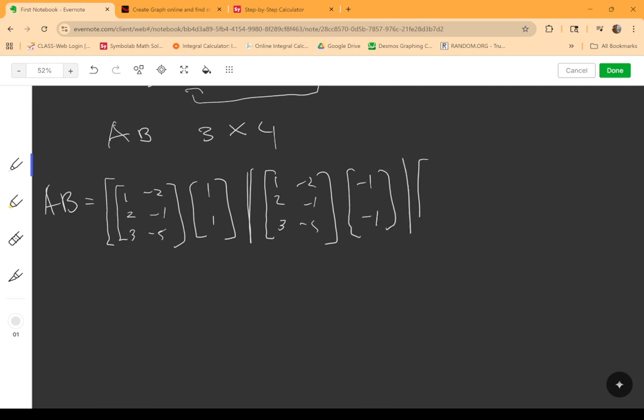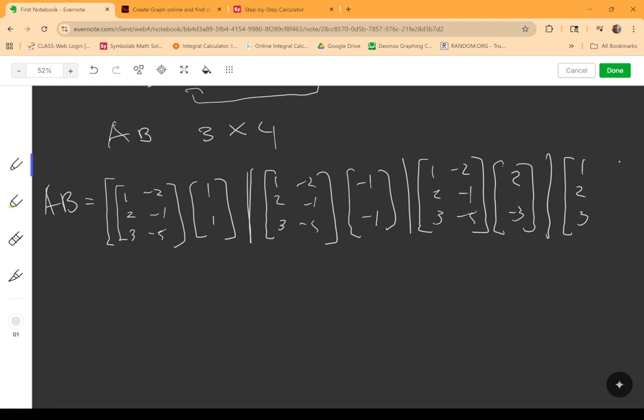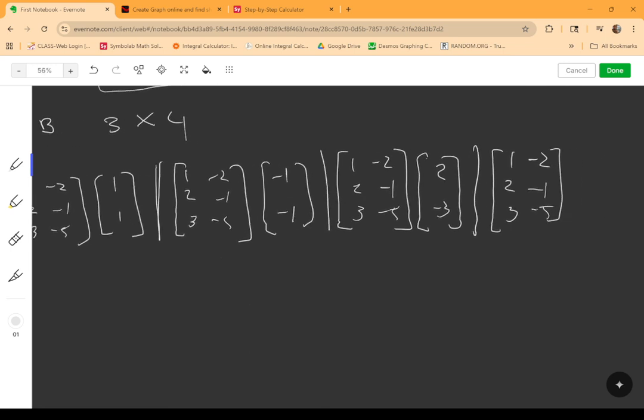Then moving along, you get A again, times 2, -3. And the last one is A, with 1, 2, 3, -2, -1, -5, times the last column, 4, -5.